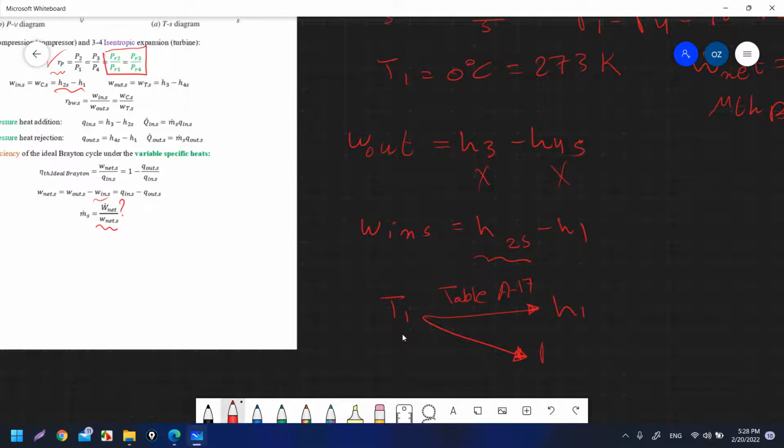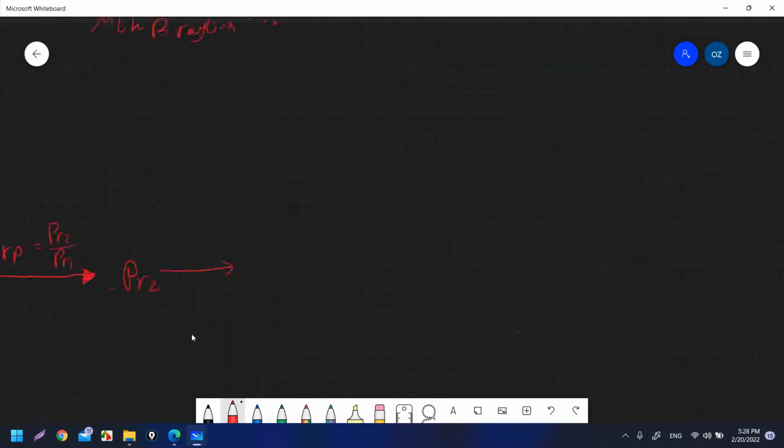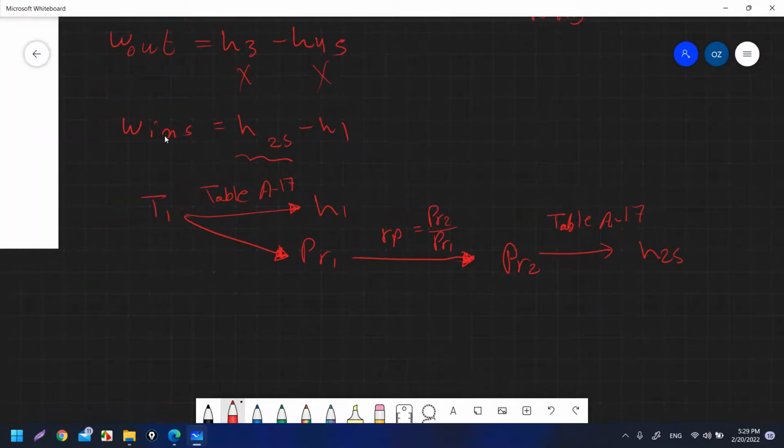Find PR1, and from PR1 I can use the equation that RB is equal to PR2 over PR1, and then I can find PR2, and from PR2 using table A17, I can find H2S. Okay, so then I can find WNS.